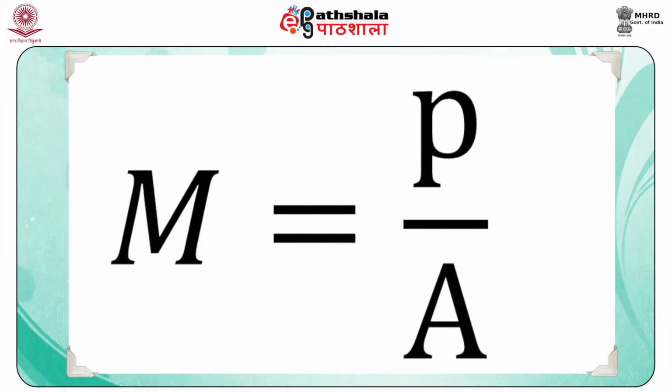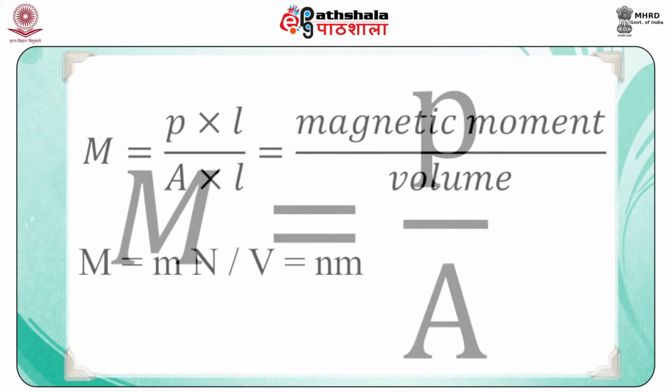The intensity of this induced magnetization is expressed in terms of pole strength induced per unit area, that is, M is equal to P upon A.